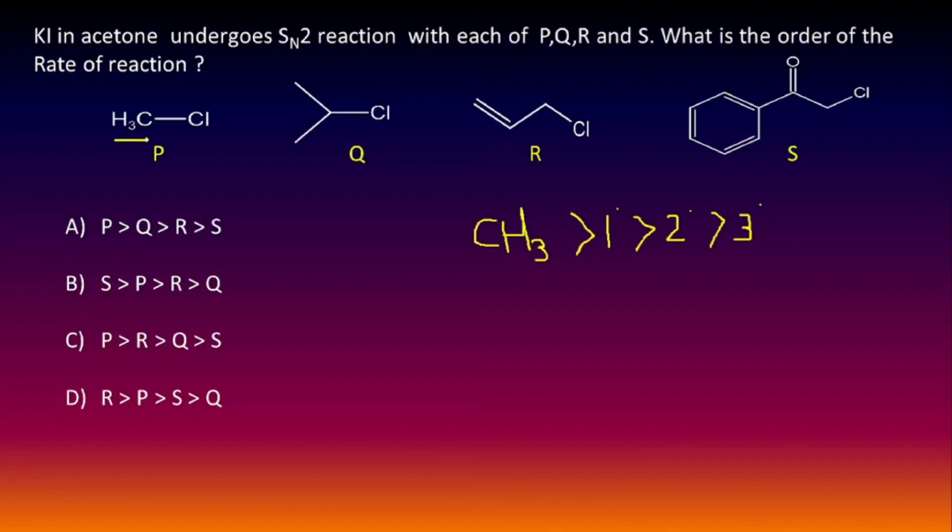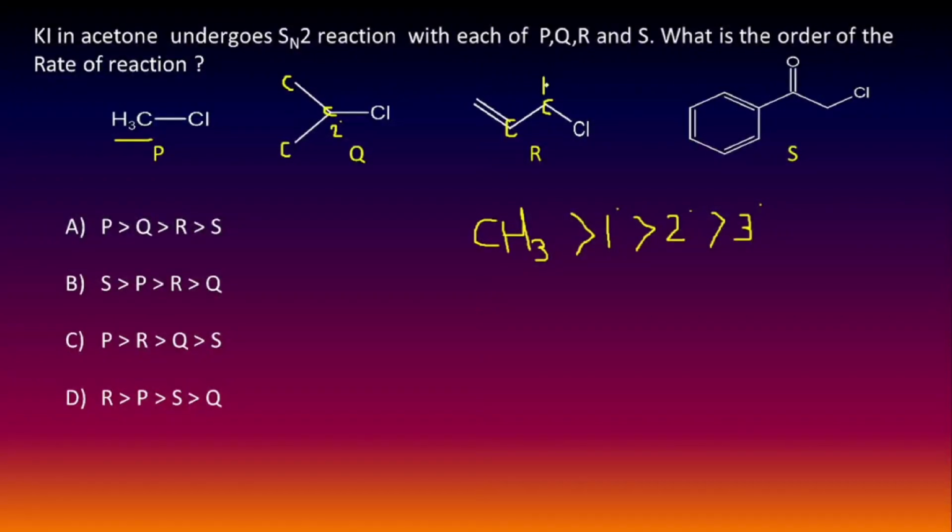Here you can see first CH3. Then for Q, here this is carbon and this chlorine is connected with the carbon which is secondary. Why? Because this carbon is connected with 2 carbons like that. Here a methyl group is present. Then for this R, this is a primary carbon here and this chlorine is attached to this primary carbon. Why? Because it is attached with only 1 carbon here like that.